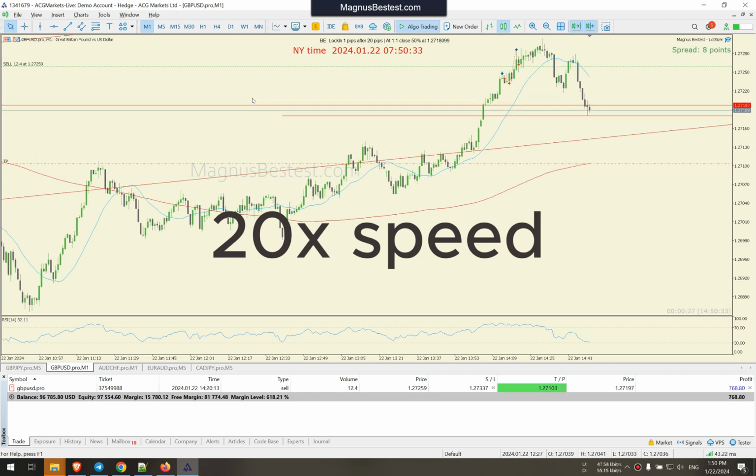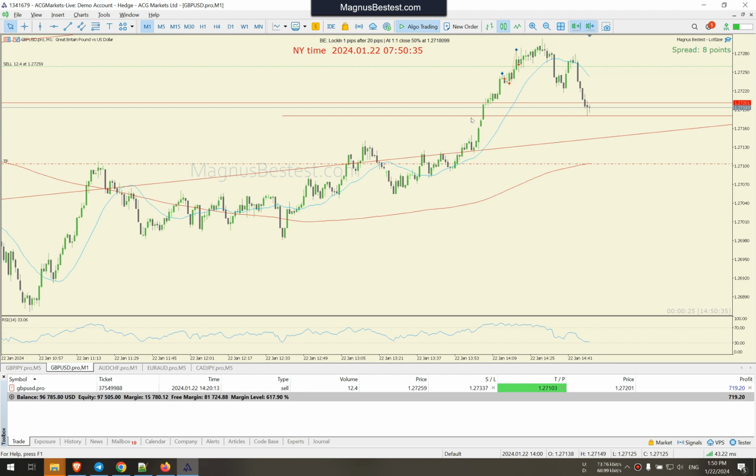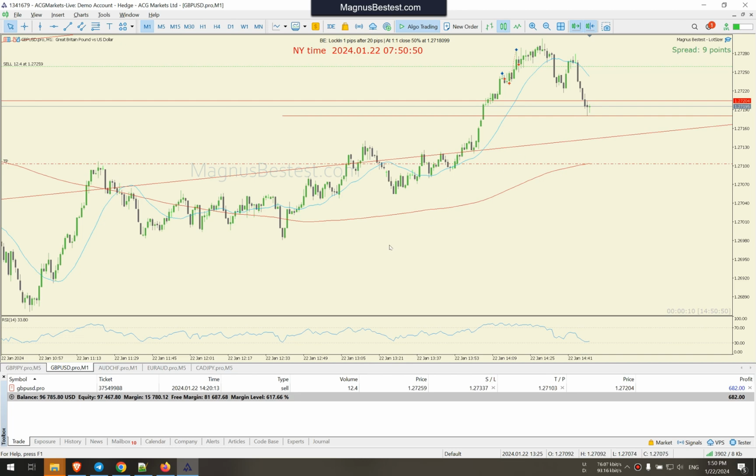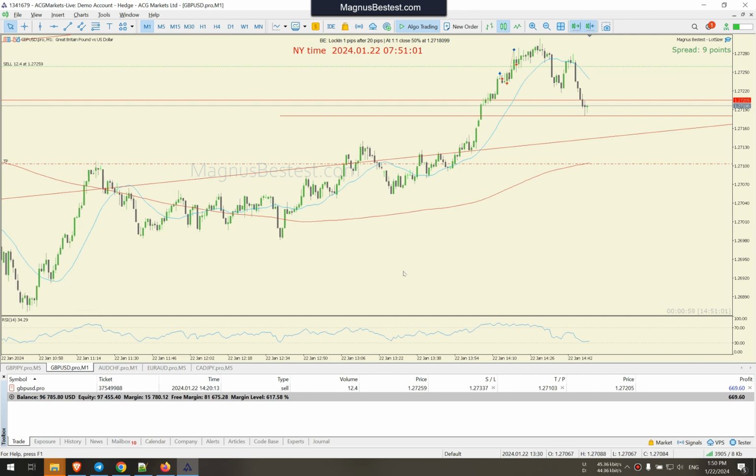We are approaching the 50% closure level, so 1-to-1, as we can see over here all the time. We are 12 lots 0.4 in, so when we touch this line, we should be sitting on just 6.2 because we will be closing 50% of the lot size of the whole position.